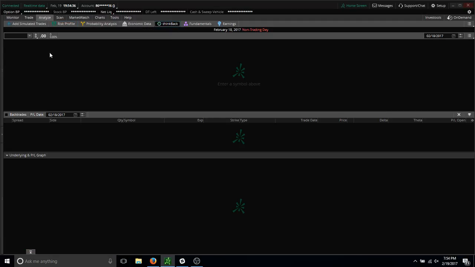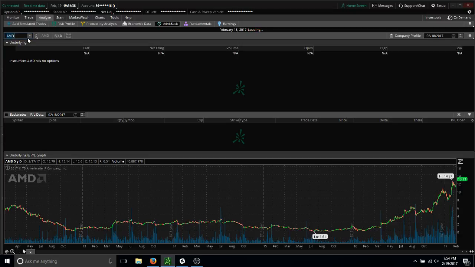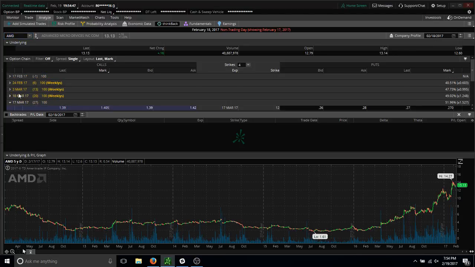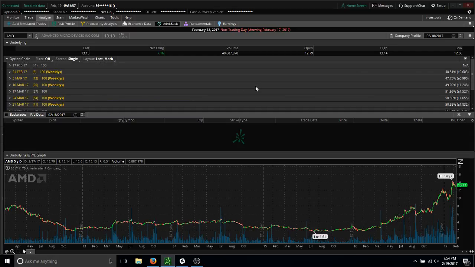So there's also this Think Back tab too, and it can show you how, so we know that this expected move is on March 17th, 1.5. So has it always met the expected moves, or has it gone past or fell short? So I can go back to, say, a month ago.